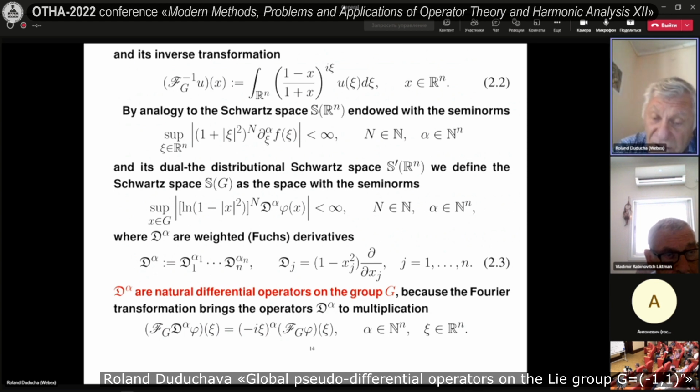And this is the natural derivative in this space, because by the Fourier transform such derivatives are sent to multiplication by the independent variable, as happens in the usual classical Rn space with the classical Fourier transform. The partial differential operators are sent there to multiplication by the natural variable. And here it is the same, but the differential operator is this one, the weighted differential operator.